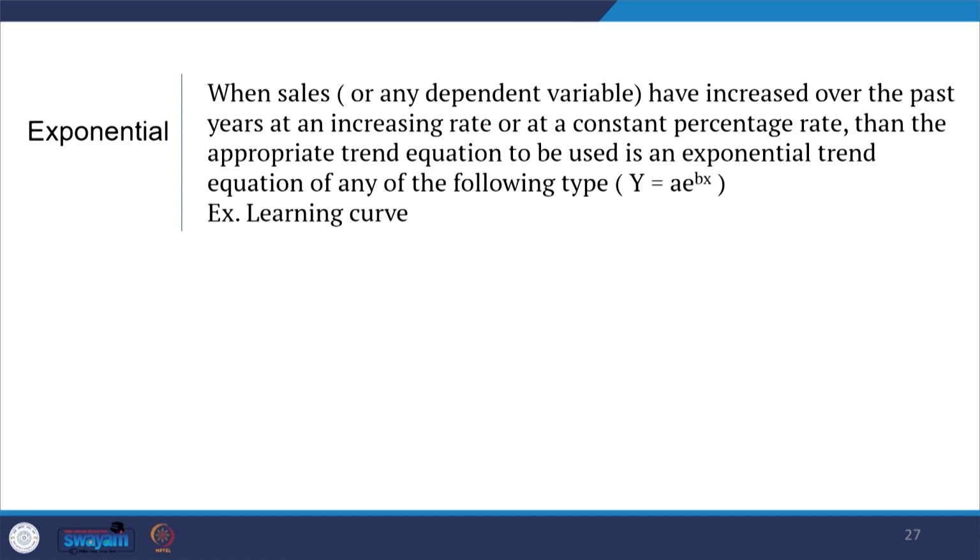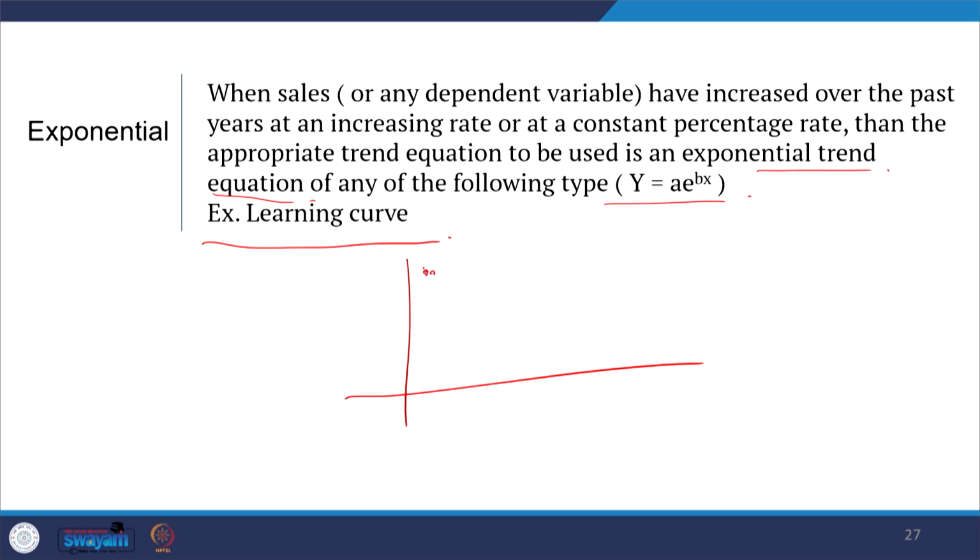On the other hand, the exponential trend curve says that when sales have increased over the past years at an increasing rate or at a constant percentage rate, then the appropriate trend equation will be an exponential trend equation, of the following type, for example, y = a e^(bx). An example is the learning curve. Most of you must have studied that when you produce the first product, it takes a certain amount of time and energy, but as you produce more and more, it follows what is called Wright's equation.